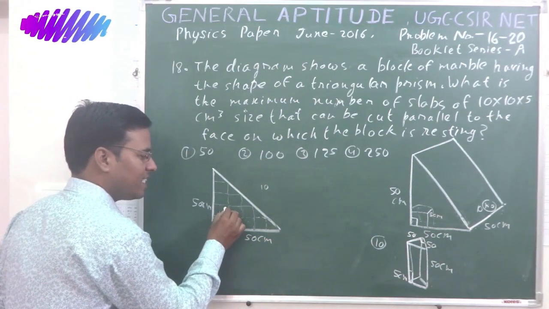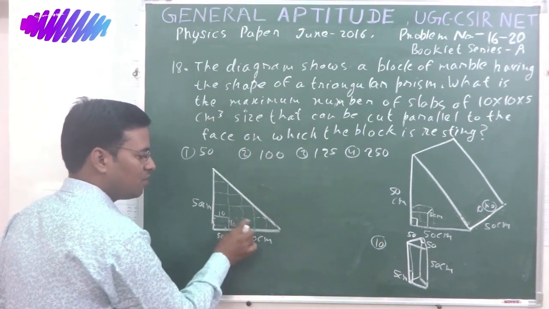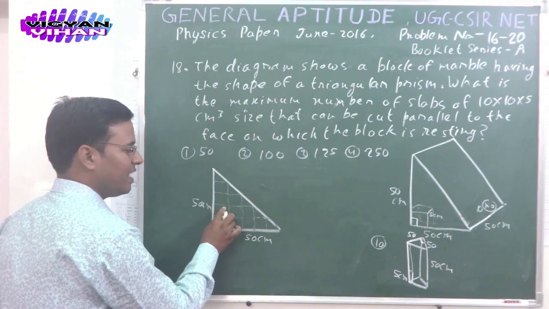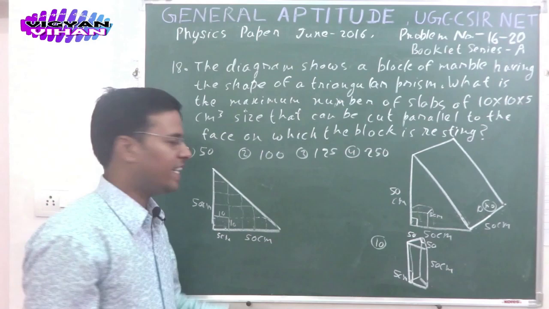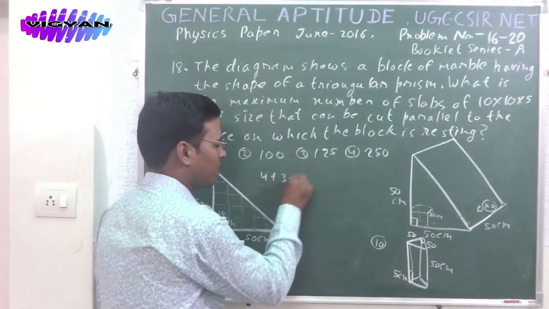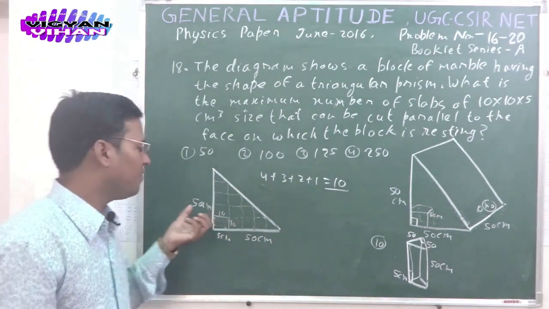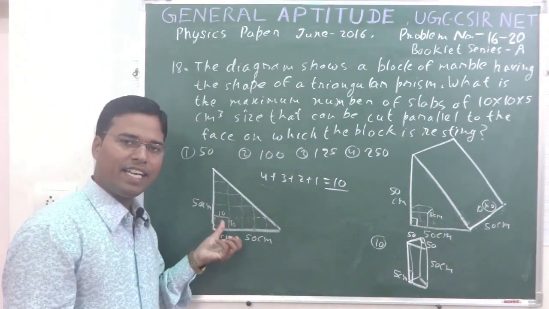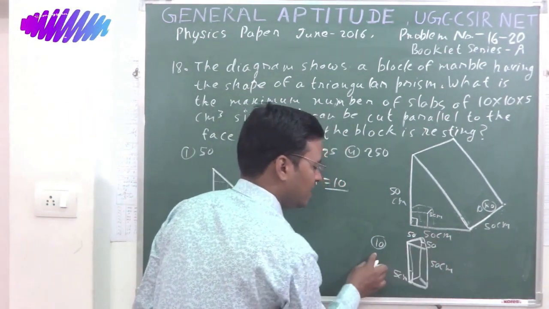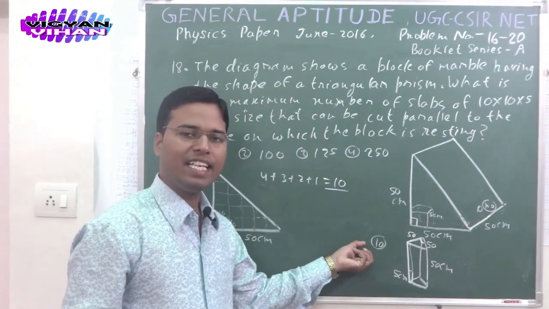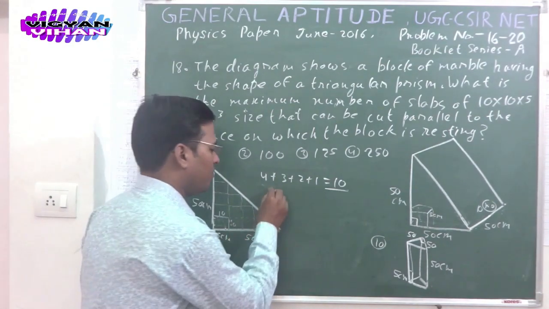Similarly, in upper stage it would be 1, 2, 3. So we will count those squares here 4, 3, 2 and then 1. The triangular areas are wastage. So we will calculate 4 plus 3 plus 2 plus 1, that is now 10. So number of such squares which can be cut from triangular area are 10, and parallel to this height is number 10. We can easily calculate using the formula which is here on base.